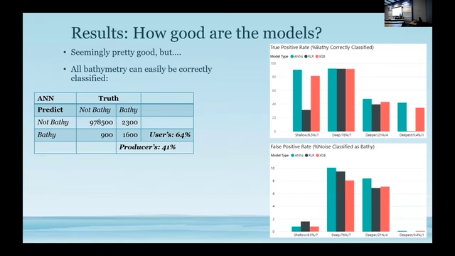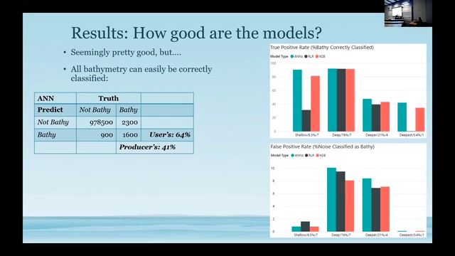So for me, the person who has produced the classification, there are 3,900 points, and I labeled 1,600 of them correctly. As the producer, I got 41% of them correct. But with my classification, I would hand to you, the users, 2,500 points, and I'd say there are 2,500 points that are bathymetry, because that's what my classification said.